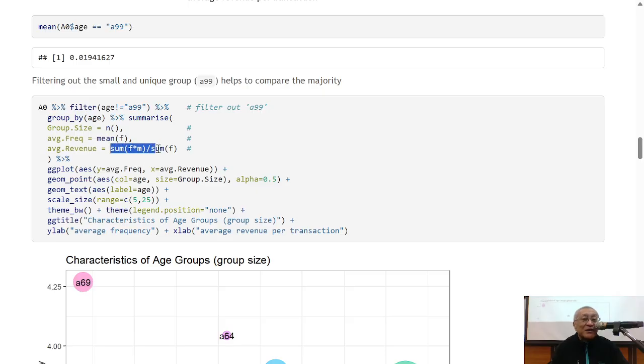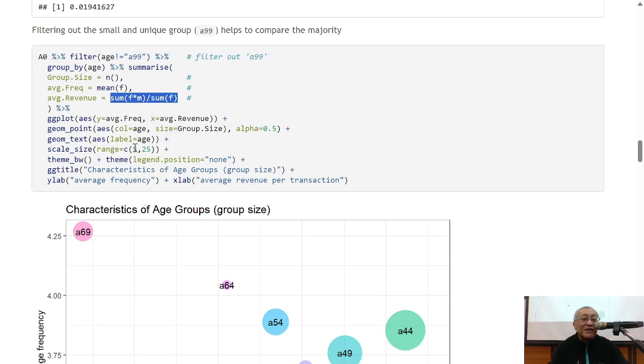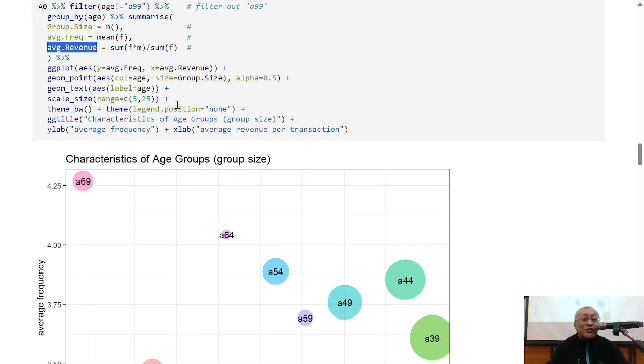If you take a closer look at this expression, this is the total buying amount, right? And this is the sum of frequency. So this is the average revenue per transaction, right?